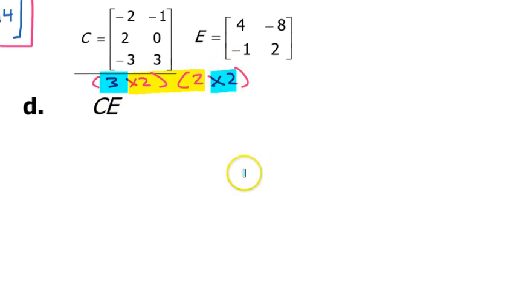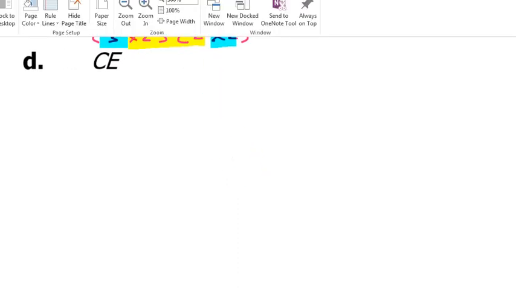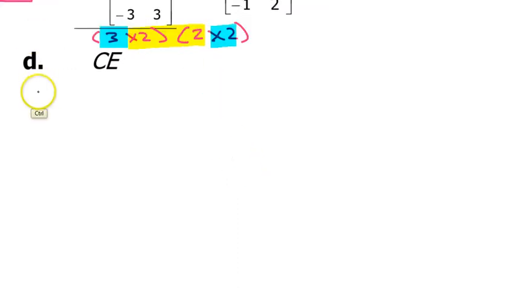So that's very important because that tells us that we need to set up a large 3 by 2 matrix right now. Okay, so here we go. So we have to have 3 rows, 2 columns.